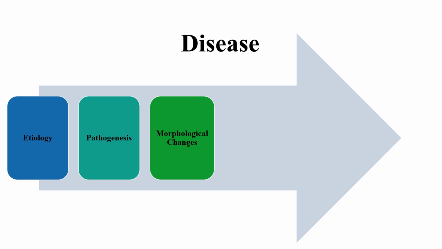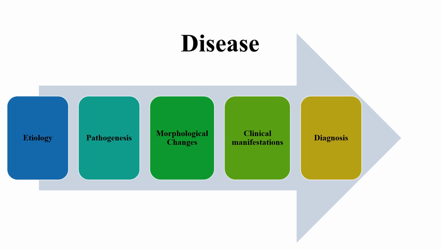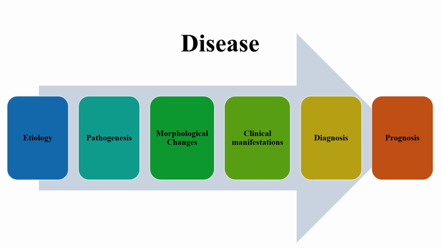Next, the changes that this disease has made in that particular organ, both gross, which are your macroscopic changes, as well as at the microscopic level. Then you will study the clinical manifestations of that disease: what are the signs and symptoms. Then you will come to a diagnosis by doing various tests. And finally, you will tell the prognosis of the disease. That completes the first chapter, Introduction to Pathology.